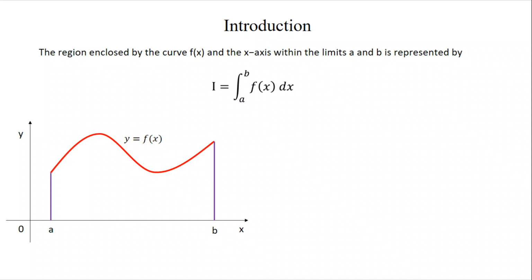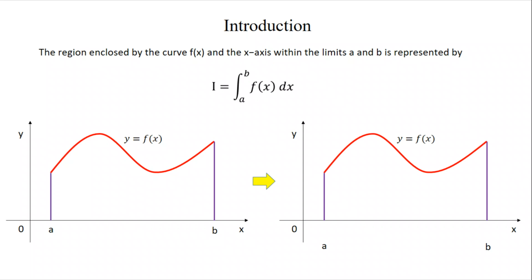Consider one curve f of x and its initial limit is a and b. So the area under this curve is nothing but the integration. First we will divide this area into a small number of strips.